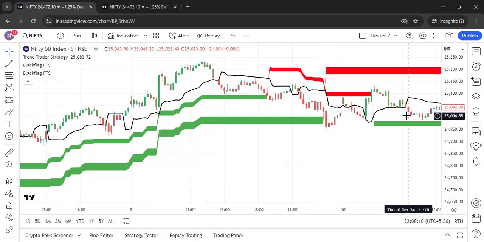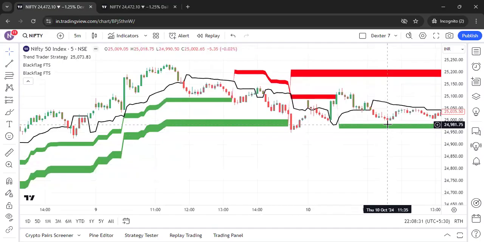So 24 by 2, which is 12. So another 12 points from 25022 on the downside, which is 25010. There is a probability that it will go to 25010. So slowly, yeah, it came here, right? Eventually it came close, but it did not touch it.